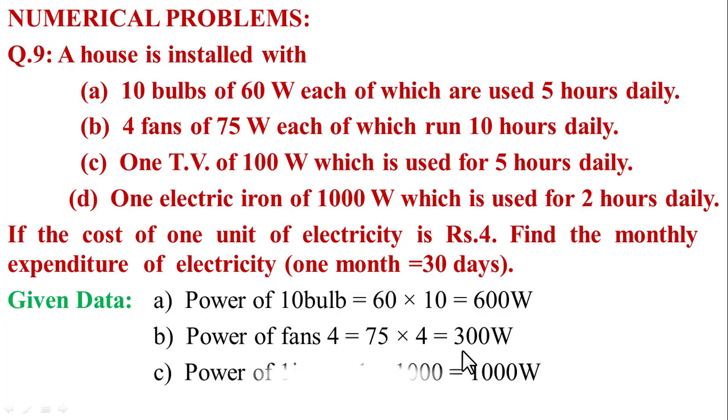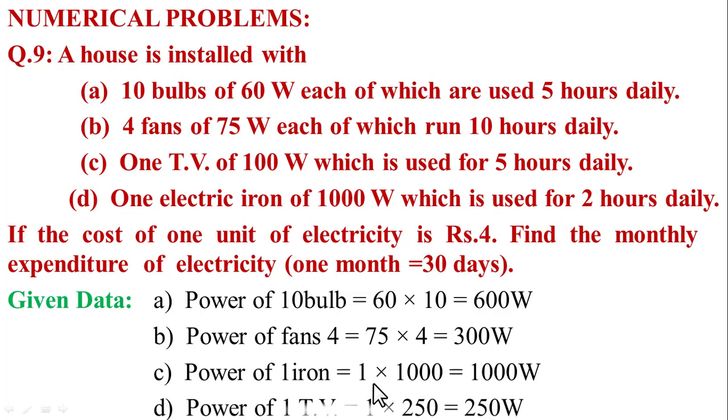And similarly in C part, power of iron is equal to 1 multiplied by 1000, that is equal to 1000 watt. In D part, power of 1 TV is equal to 1 multiplied by 250, that is equal to 250 watt.